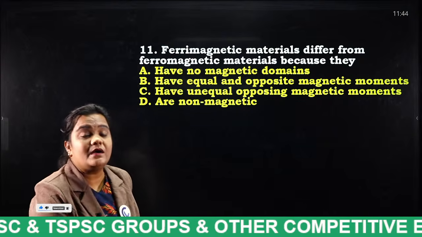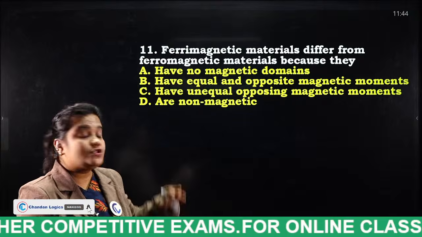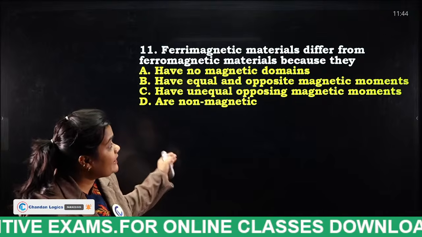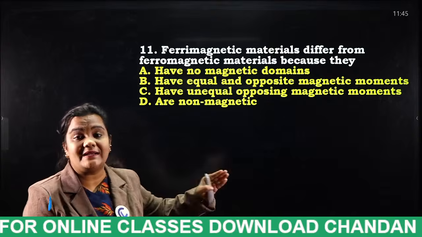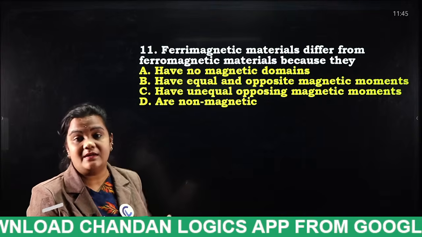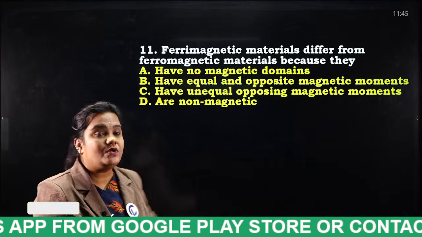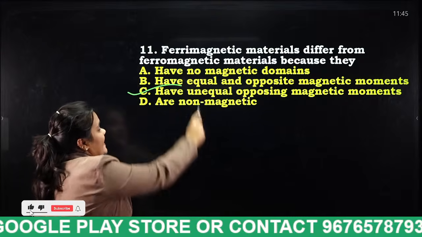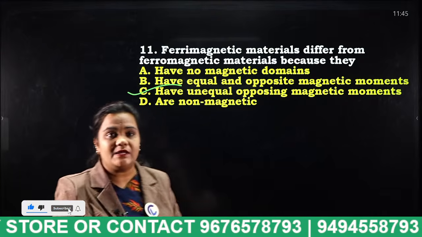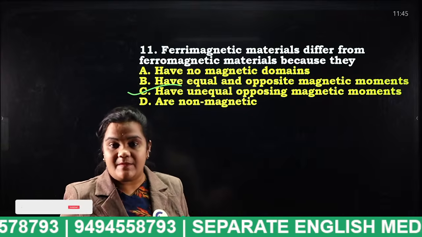No, students, listen, read the question properly. They have mentioned ferrimagnetic materials differ from ferromagnetic materials. So now we have to talk about the ferrimagnetic. Why? Because ferrimagnetic is in the first place. Very good, Lakshman. 3 is the correct answer: have unlike opposing magnetic moments. I have already explained ferromagnetism.